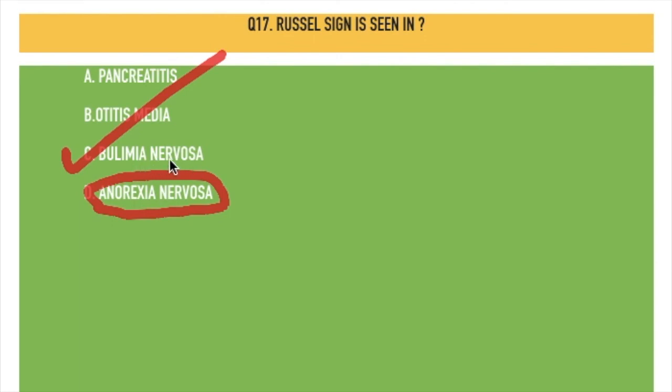Due to continuous or repeated vomiting, there will be discoloration and laceration on the back of their fingers and knuckles of their hand. That discoloration or laceration is known as Russell sign. So Russell sign is due to repeated vomiting in bulimia nervosa patients. So the Russell sign is seen in option C, bulimia nervosa.